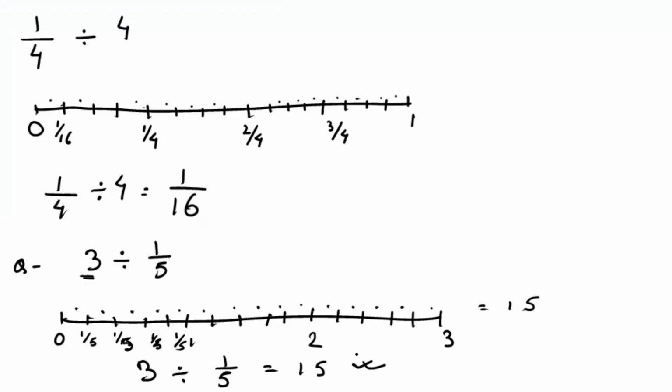Let's take another question of this type. 3 divided by 1 by 4. Here we want to divide 3 into parts of 1/4. So we will begin with the number line 0 to 3.